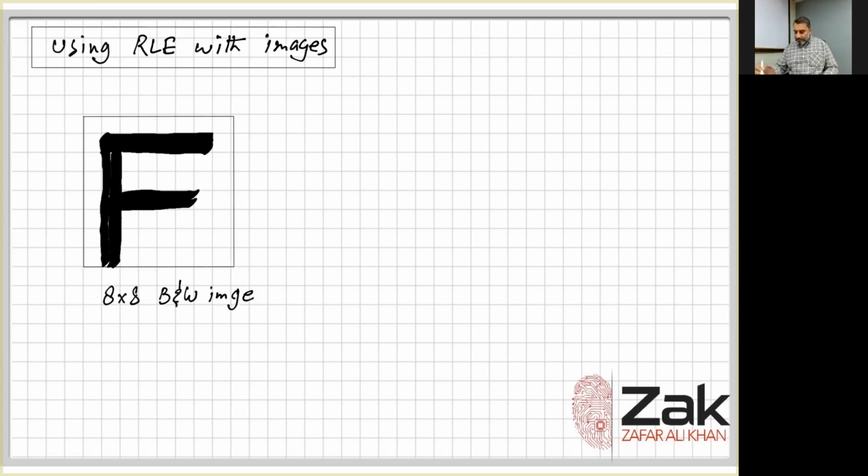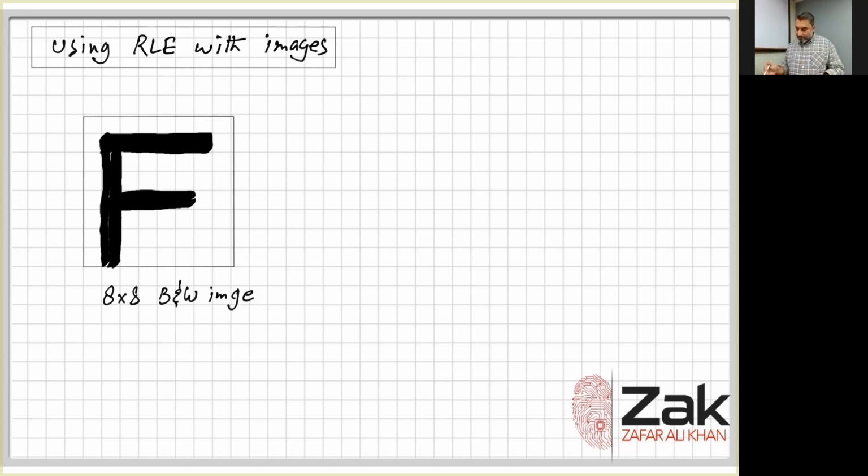So this image represents, let me make these corners proper. Okay, so this is F. This is F in 8 by 8 black and white pixels.